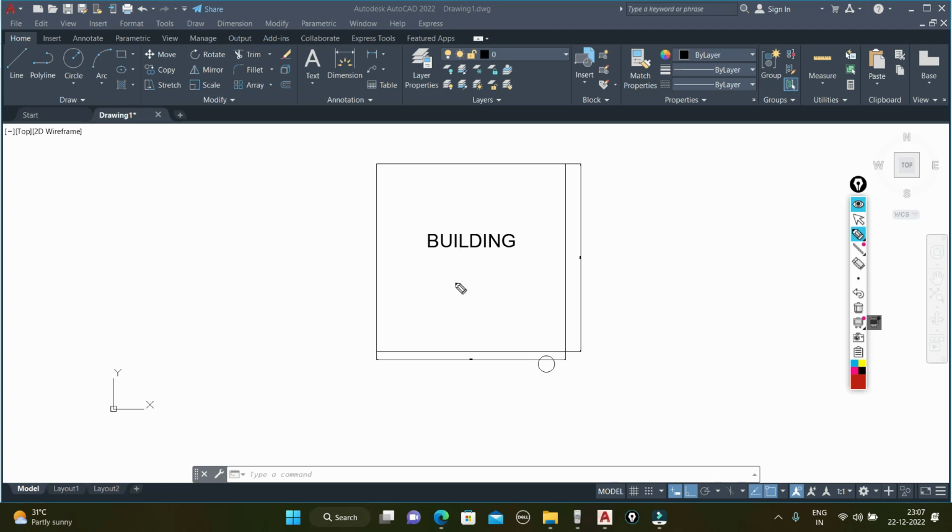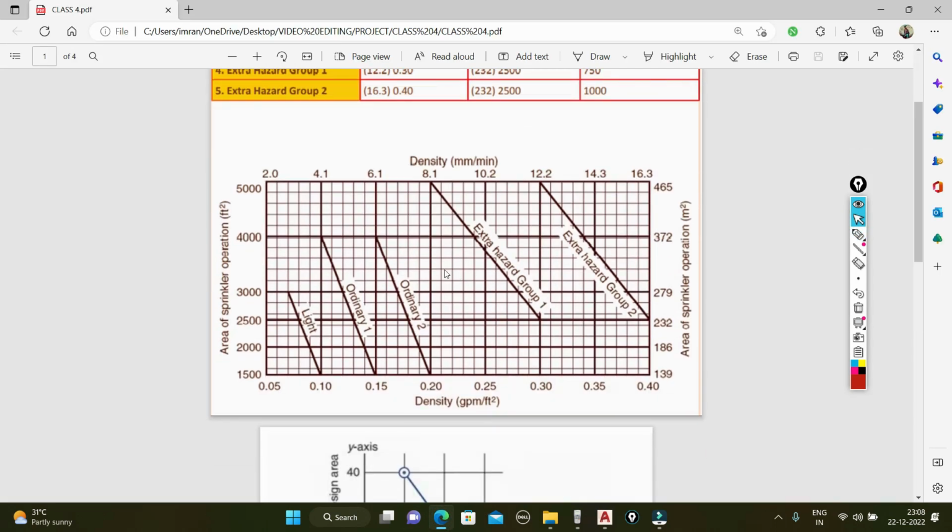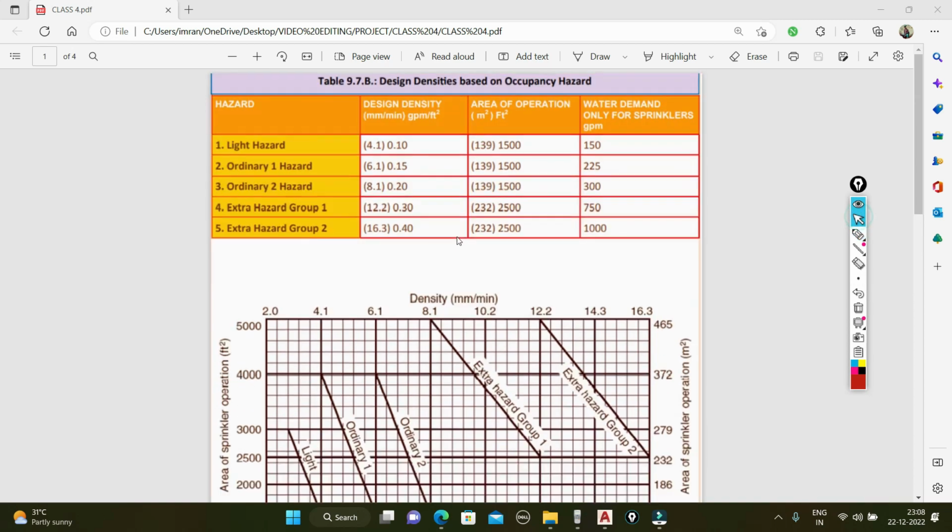So the area of operation we already understand, and how it varies. Now let's talk about it as per NFPA. If we are designing the light hazard system, then in the light hazard system the area of operation is 1,500.